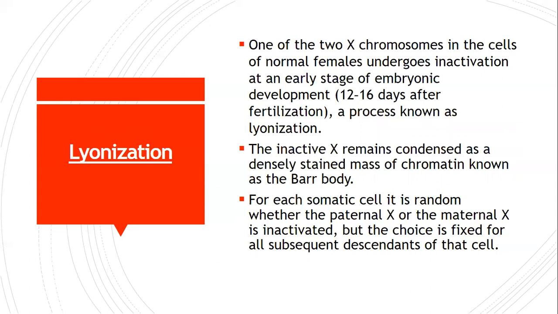The inactive X remains condensed as a densely stained mass of chromatin, which is known as the bar body. For each somatic cell, it is random whether the paternal X or the maternal X is inactivated, but the choice is fixed for all the subsequent descendants of that particular cell.